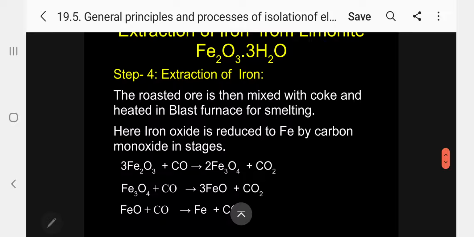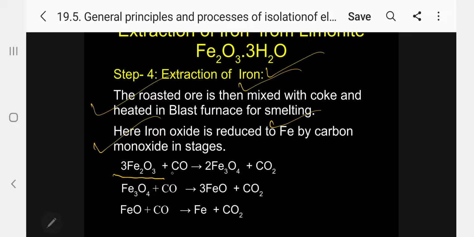Step 4, extraction of impure iron. The roasted ore is then mixed with coke and heated in a blast furnace for smelting. Here, iron oxide is reduced to iron by carbon monoxide in stages. Kindly follow. 3 moles of Fe2O3 combine with CO to produce 2 Fe3O4, and carbon dioxide goes out.